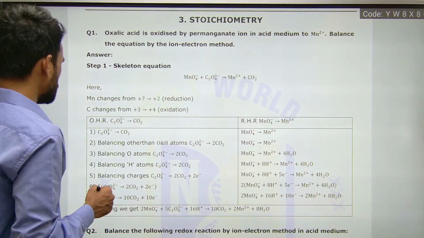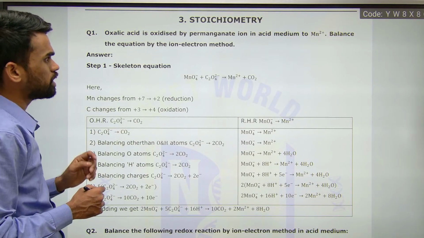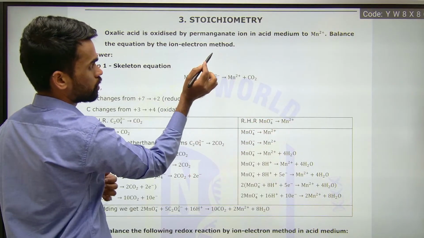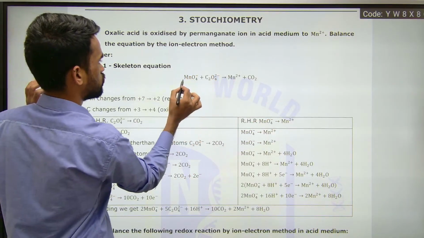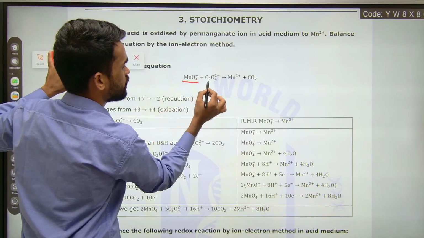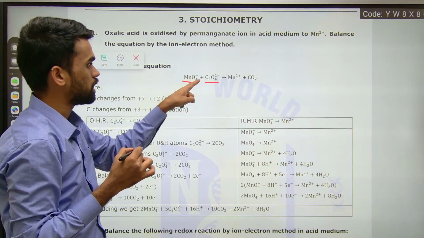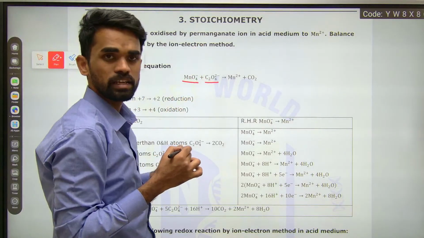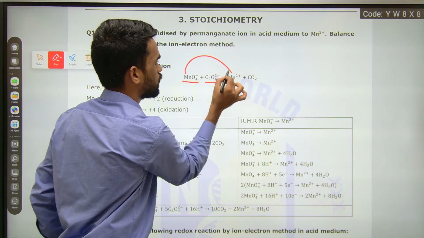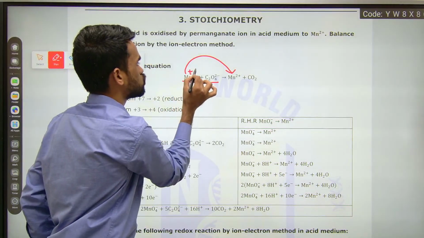As per the question, permanganate ion MnO4 minus is treated with oxalate ion. Permanganate ion undergoes reduction; manganese is in +7 oxidation state.